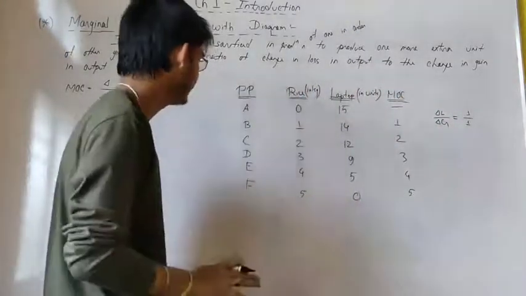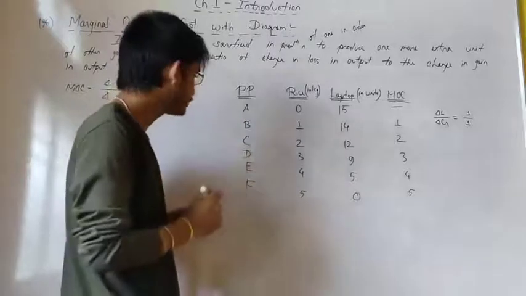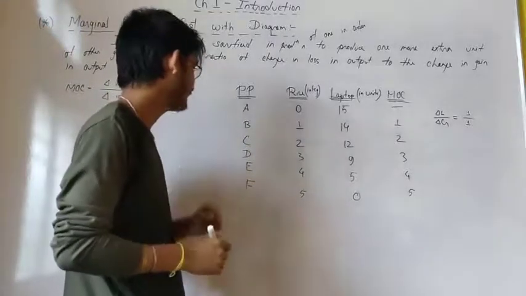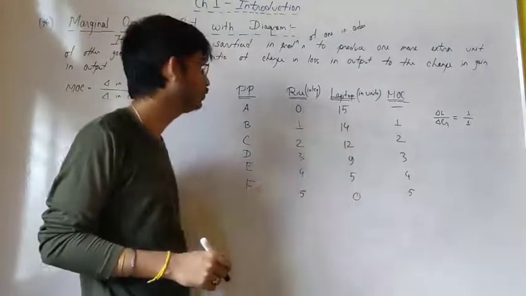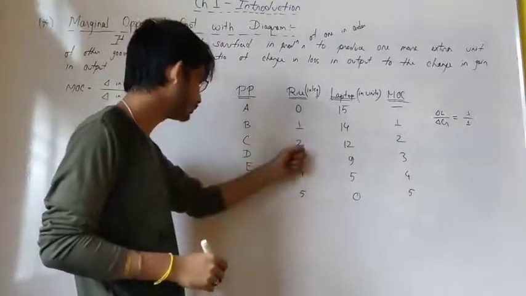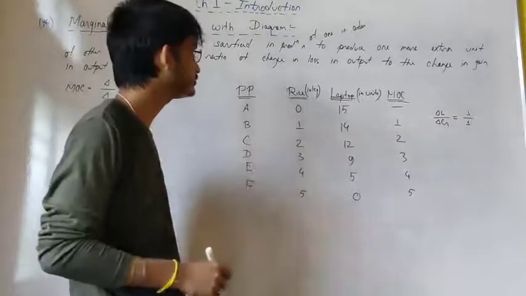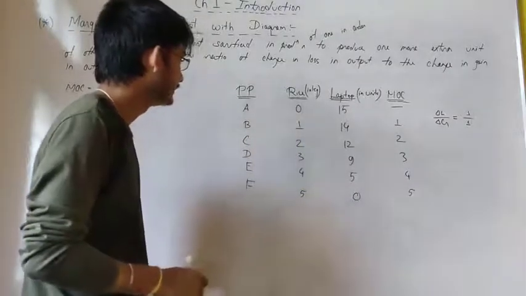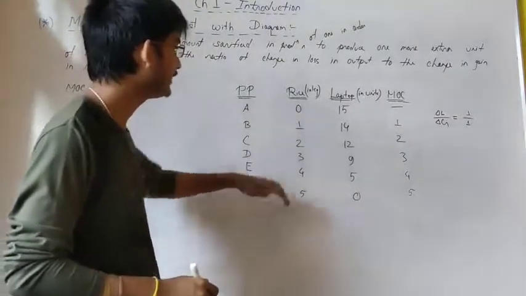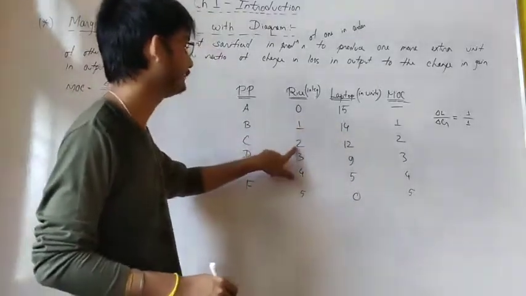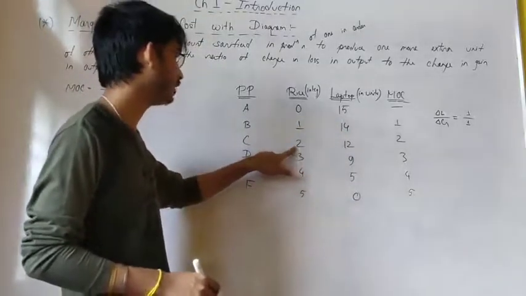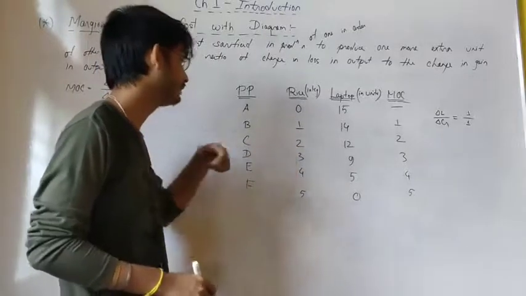So this is verified. Now if the economy wants to produce at point C with 2 kgs of rice and 12 units of laptop, then it needs to sacrifice 2 units of laptop in order to produce 1 more extra kg of rice.